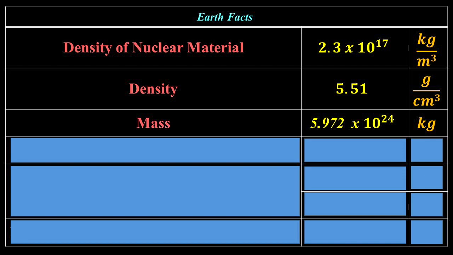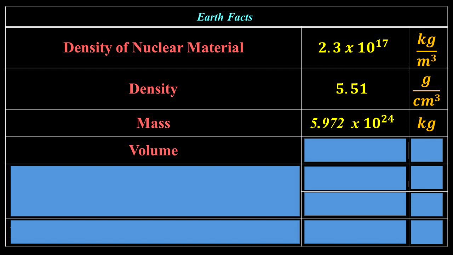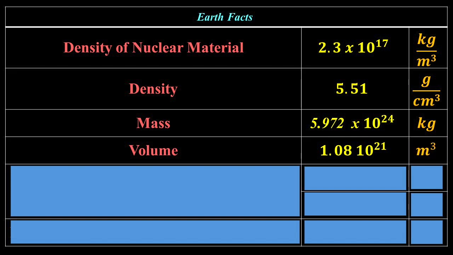So now, we have the density of nuclear material, we have the density of the Earth as we know it, we have the mass of the Earth, we have the volume of the Earth, again very large, 10 to the 21st, that's 1.08 and 19 zeros. So it's 1.08 times 10 to the 21st cubic meters.